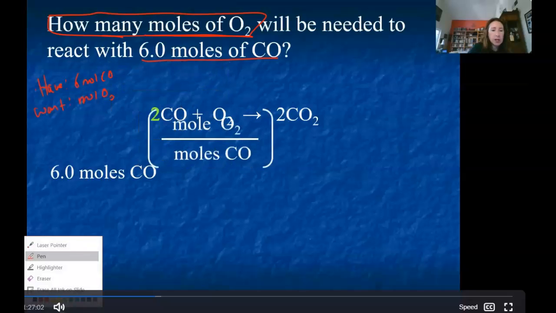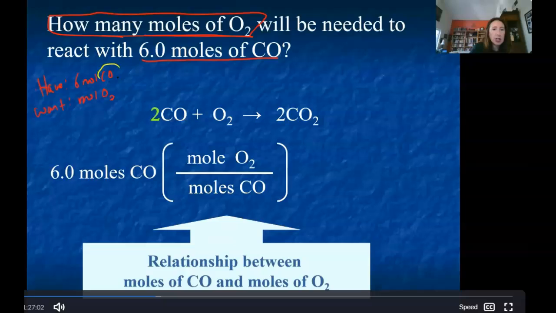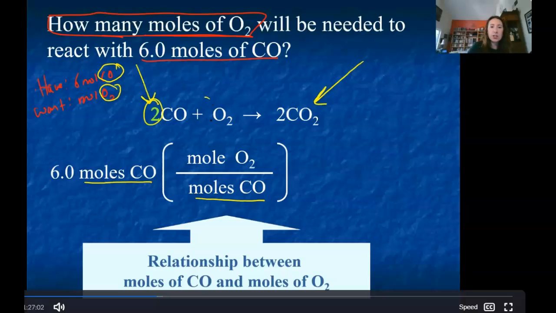So this means we need to figure out the relationship between CO and O2. Because moles of CO is what we're starting with, that's what's going to go on the bottom. And the relationship between them is going to come from the coefficients in the balanced chemical reaction, right? So now we want CO and O2.